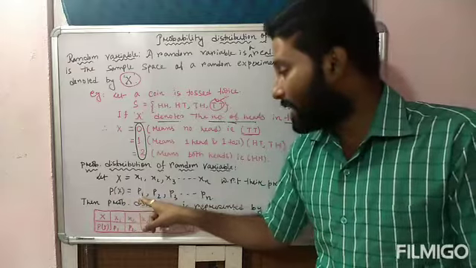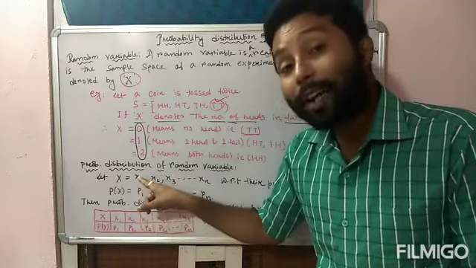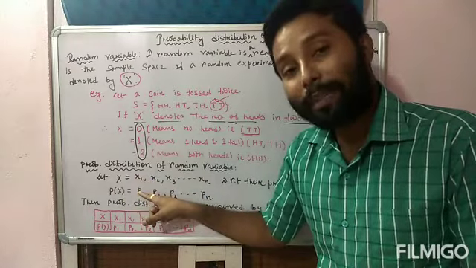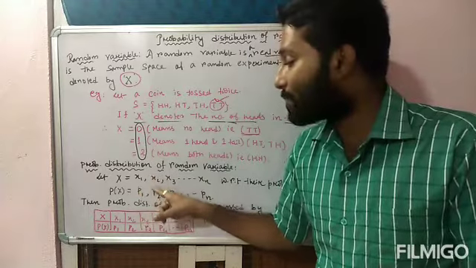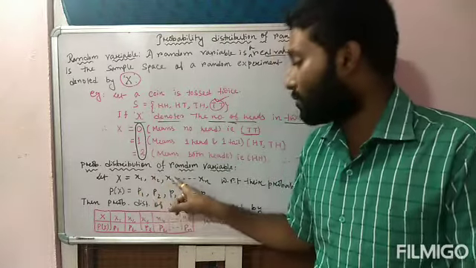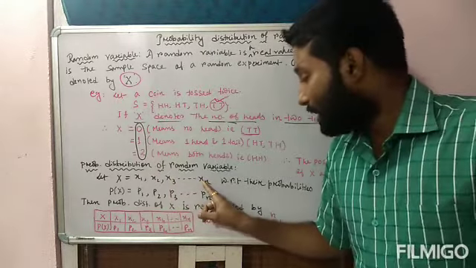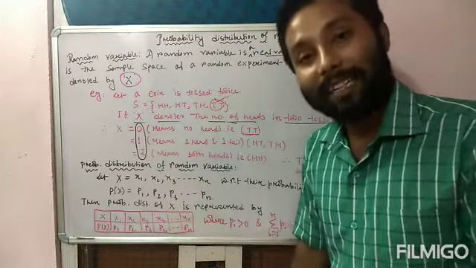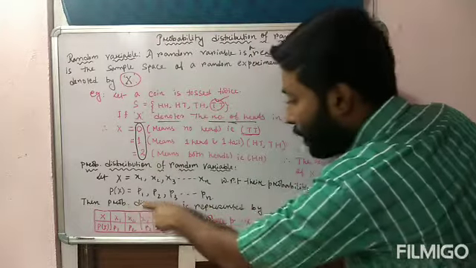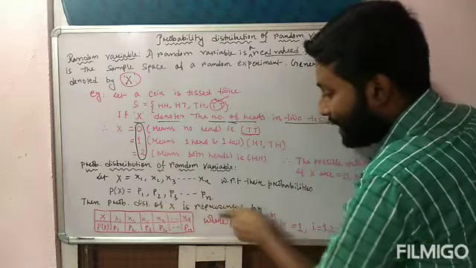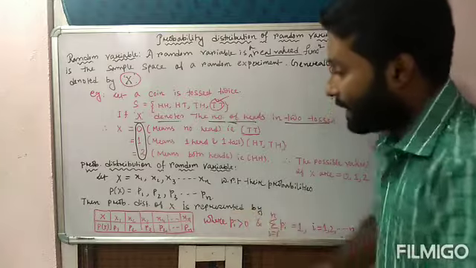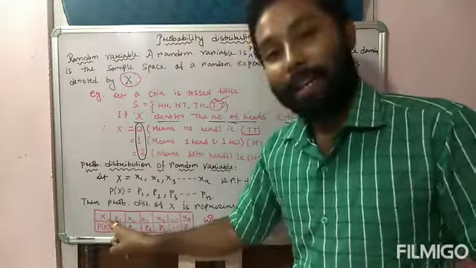Okay, which is equal to P1, meaning the respective probability of x1 is P1, of x2 is P2, of x3 is P3, and the probability of xn is Pn. Okay, then the probability distribution of x is represented by this table.